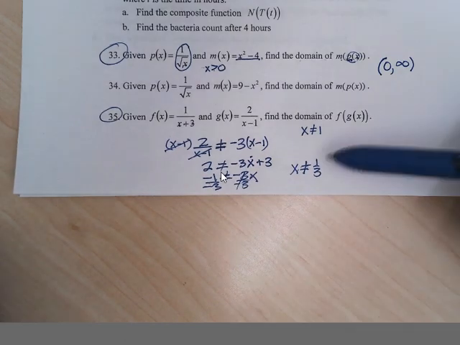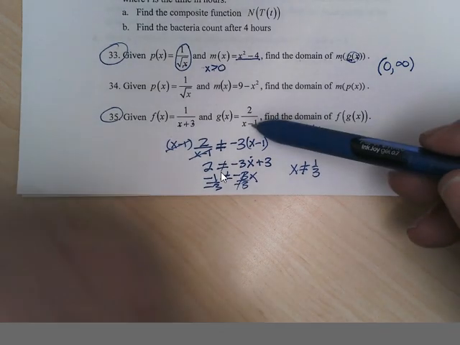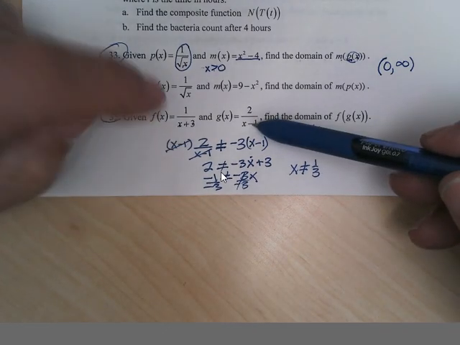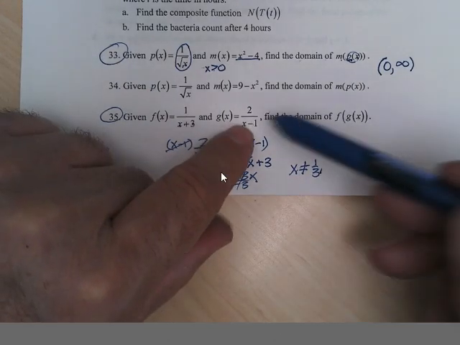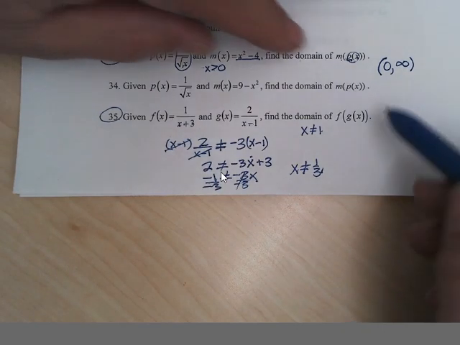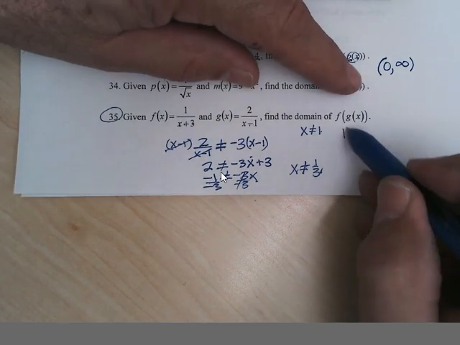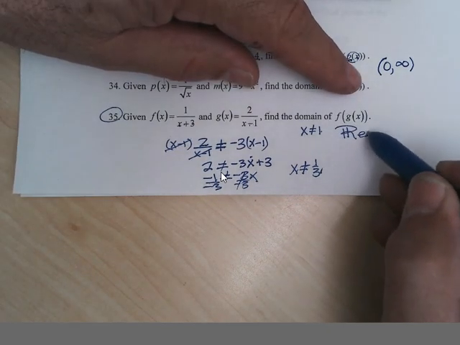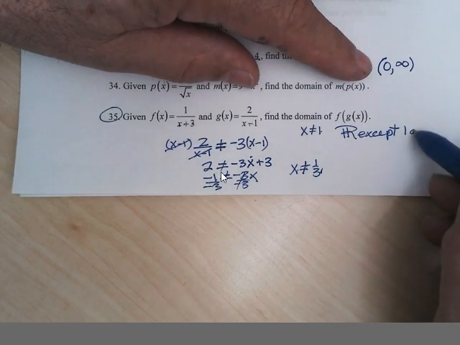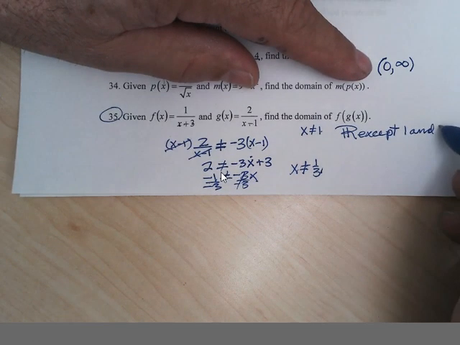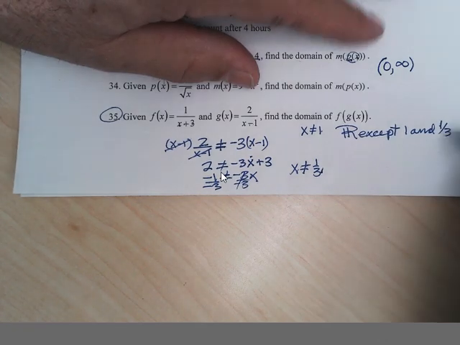So if I put 1/3 into here, I get -3, which I can't use in here. So I can't use 1/3, and I can't use 1 because that causes a problem there. So my domain is all reals except 1 and 1/3.